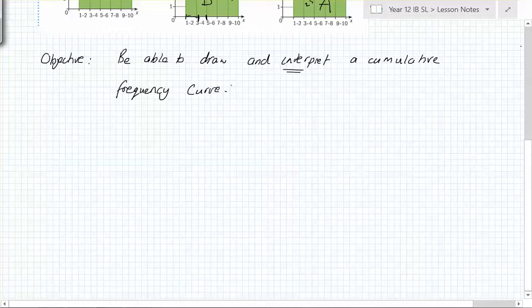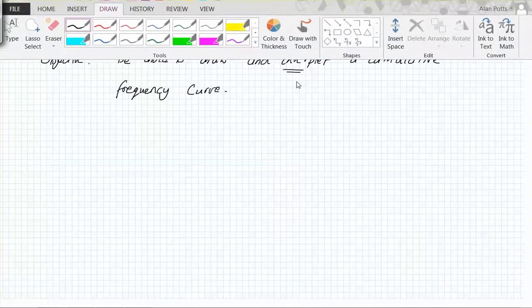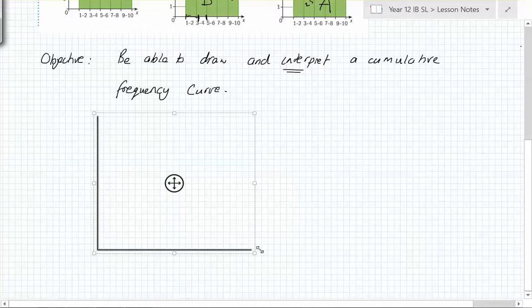So I guess from IGCSE, you should be pretty okay with drawing them now, yeah? So it's the interpretation bit, we've just got to check that we know what we're doing. So, what does a cumulative frequency curve look like, do you remember?